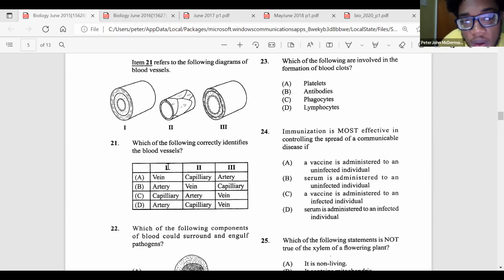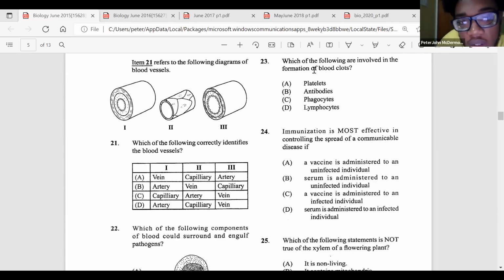Do arteries take blood to or away from the heart? Away. So think about it this way. If you have a pipe and a pump, the heart is a pump, and you're squeezing a bag of fluid into that pipe.